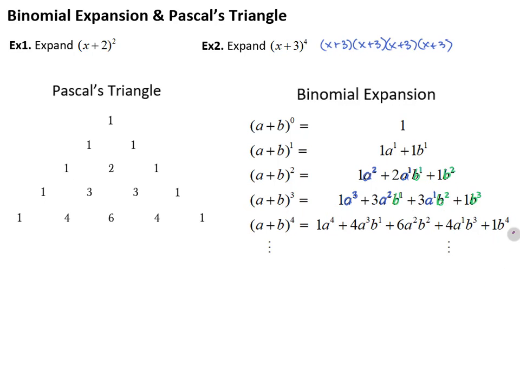When we're in the fourth power, our b's fill in backwards from left to right. B to the fourth, b to the third, b to the second, b to the first, and no more b's. And a's fill in from the left. A to the fourth, a to the third, a to the second. And so if we use these patterns, if I'm starting with an expansion of 4, my powers of a would start at 4, starting from the left and descending.